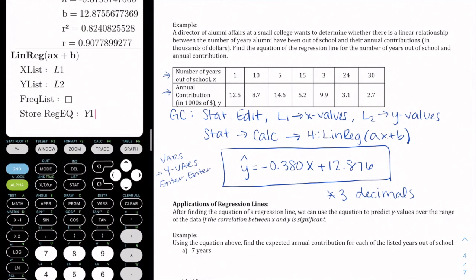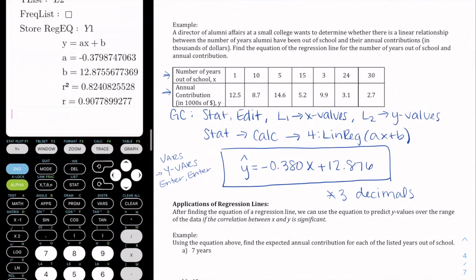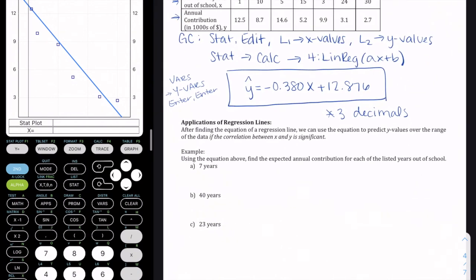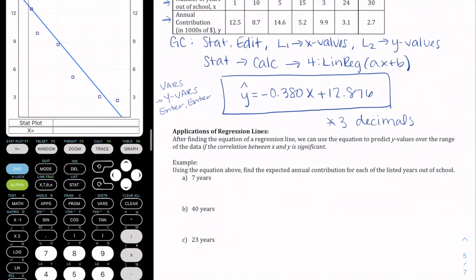What it's going to do is store this equation for y equals ax plus b, and if you go look at your scatter plot, it's going to draw that regression line through your scatter plot, and that will help you on a couple of your homework problems when they're multiple choice and you're trying to decide. That way you don't have to do the problem 18 times. For those of you that like to guess.